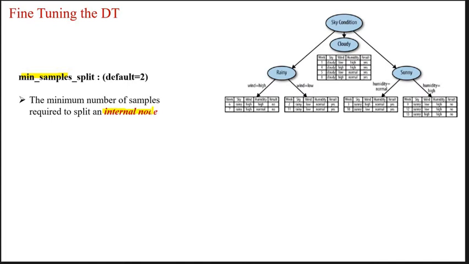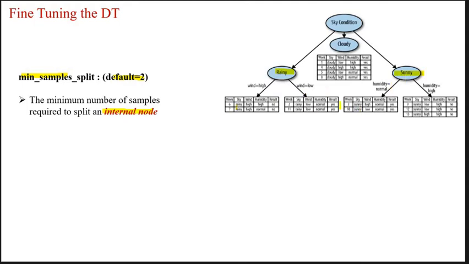So if you require a minimum number of samples for a split on an internal node, then you would change this parameter. And the default value is 2. So let's say this is an internal node over here, and we have a split taking place. This internal node has 4 samples, so two samples over here and two over here.